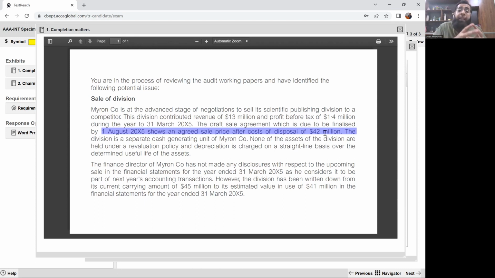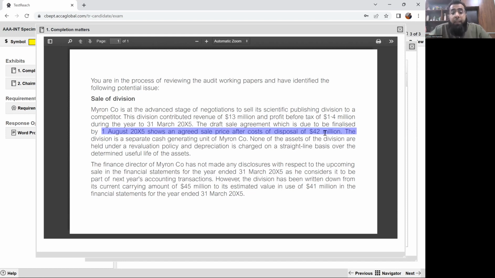We have already identified this issue when we were reading this exhibit earlier: despite the actual sale happening after the year end, at the year end the negotiations were in place and management was committed to the sale. So IFRS 5 held for sale and discontinued operations will be applicable.